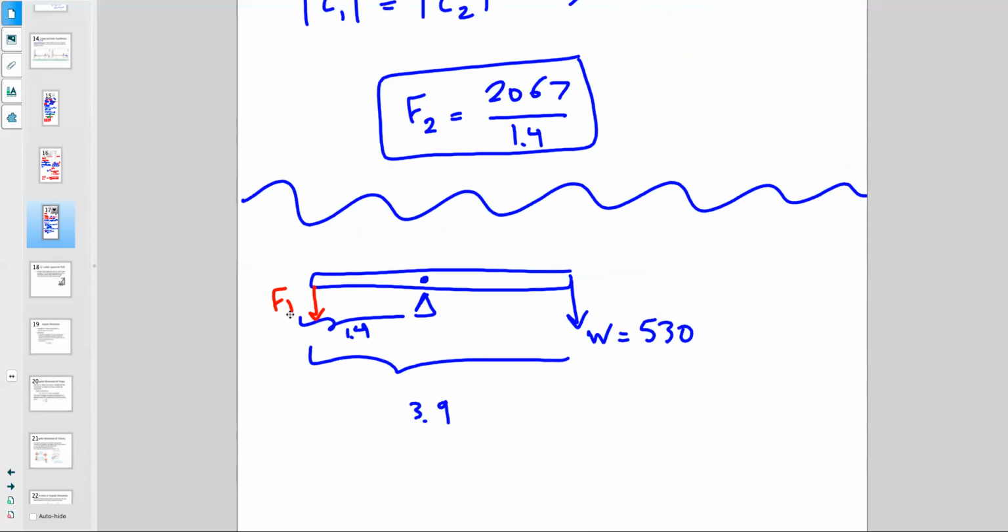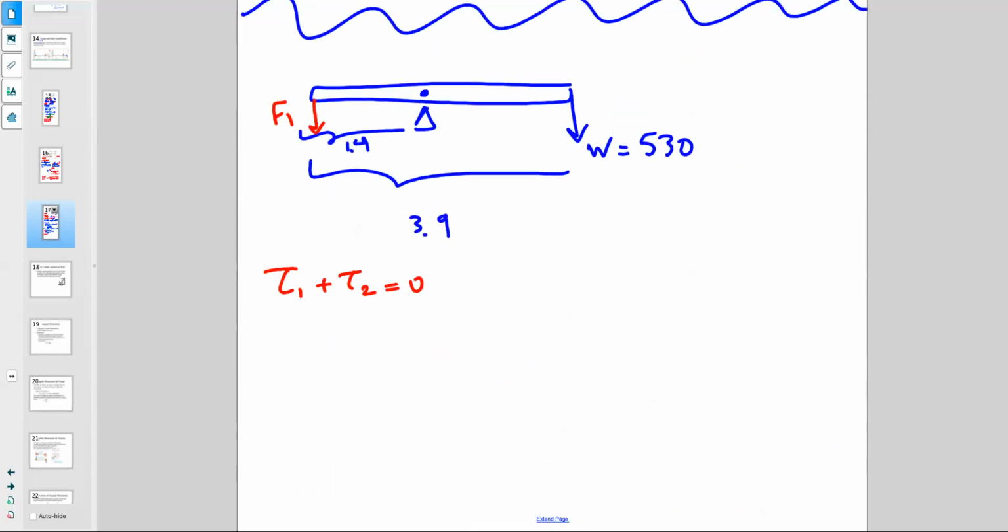So we know that all the torques should cancel out. Torque 1 plus torque 2 should cancel out. We have two forces. Torque 1 is R cross F, with R1 and F1.